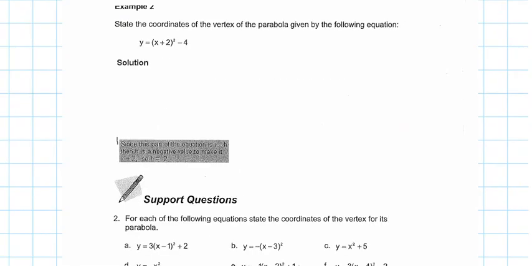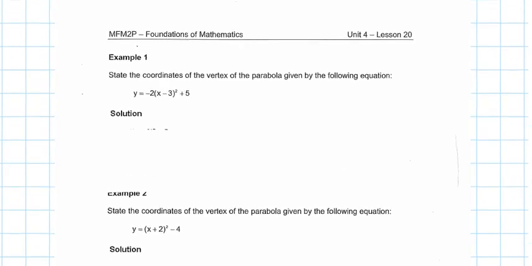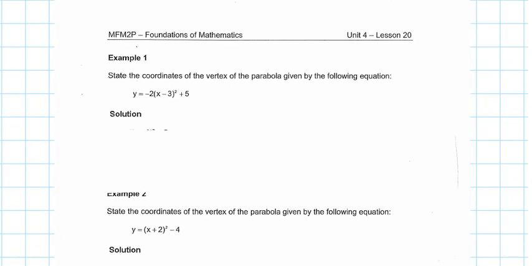So state the coordinates of the vertex of the parabola given the following equation, y equals negative 2(x minus 3) squared plus 5. The vertex is a point. Yes, you remember that from yesterday?